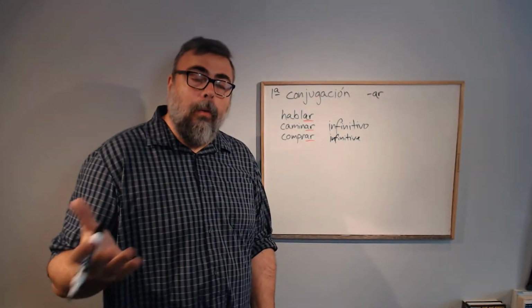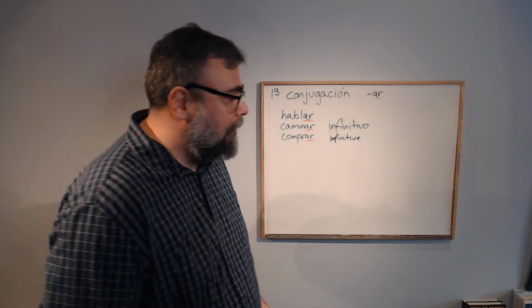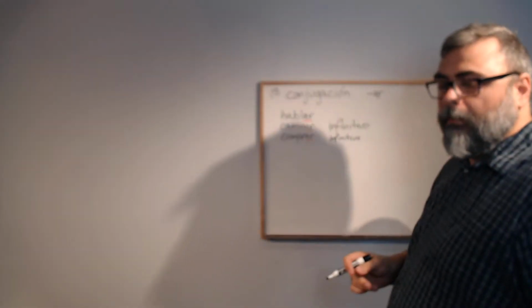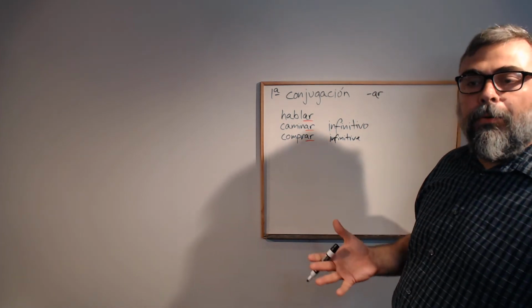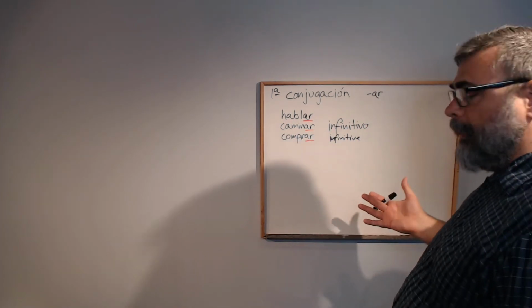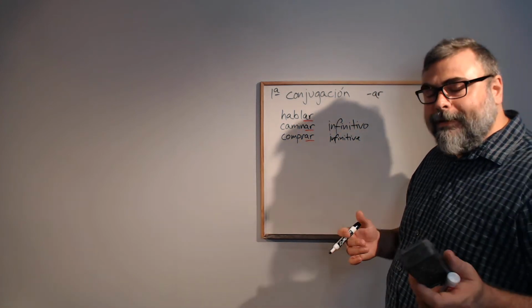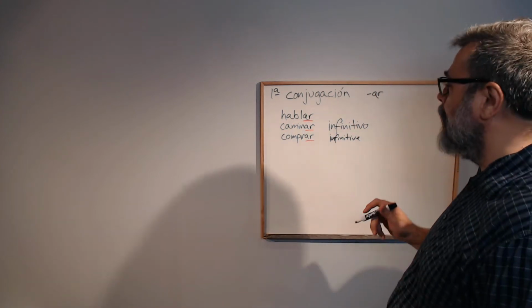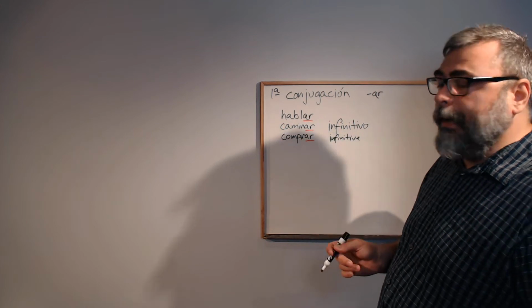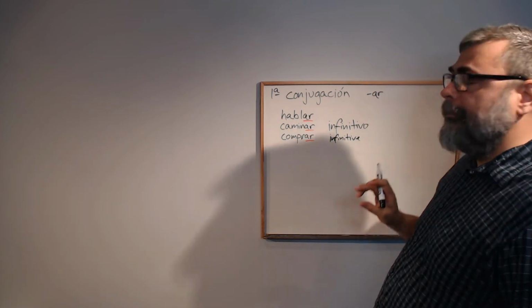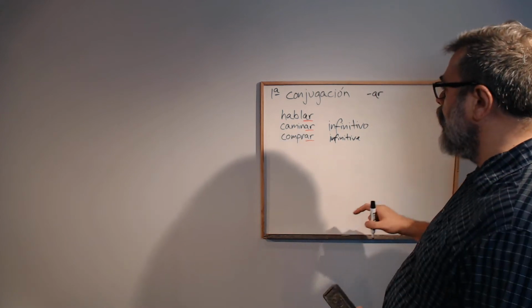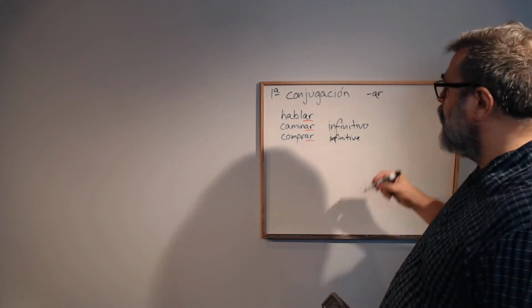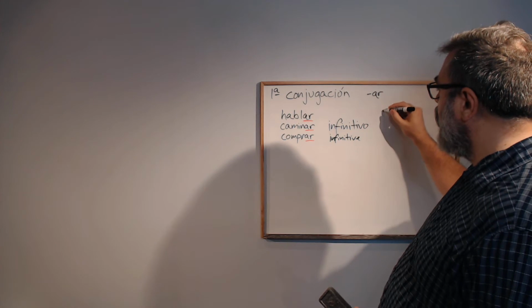Now, what is an infinitive? The infinitive you could think of as being the pure form of the verb. I know a lot of this will be review for you guys who are diligent in your studies of English grammar, or perhaps you've studied another language before. An infinitive is the simple base form of the verb. So hablar is to speak.